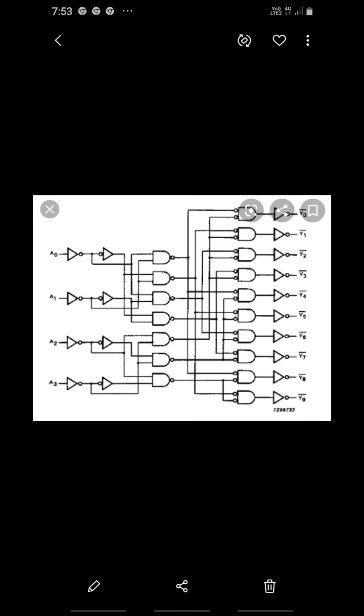Next take Y7. Y7 is equal to A0 bar, A1, A2 and A3. Next take Y8. Y8 is equal to A0, A1 bar, A2 bar, A3 bar. And next take Y9. Y9 is equal to A0, A1 bar, A2 bar and A3. So this is the logic diagram of the BCD to decimal decoder.